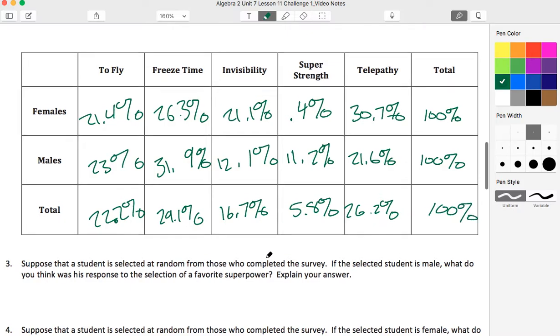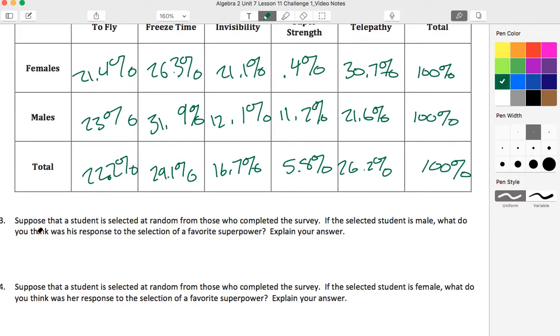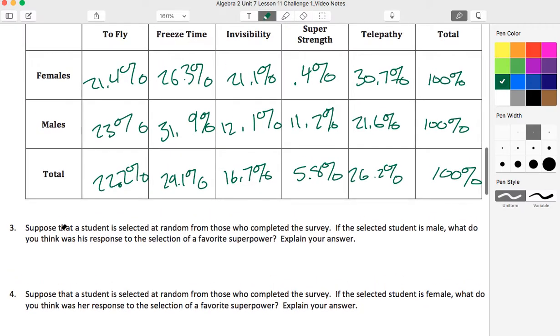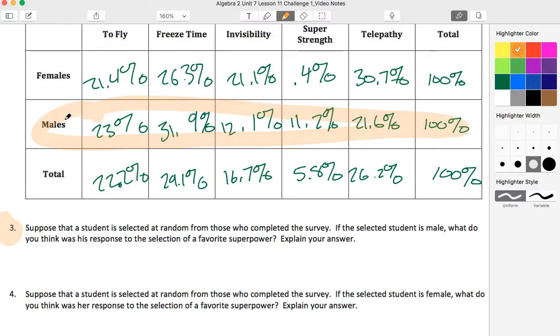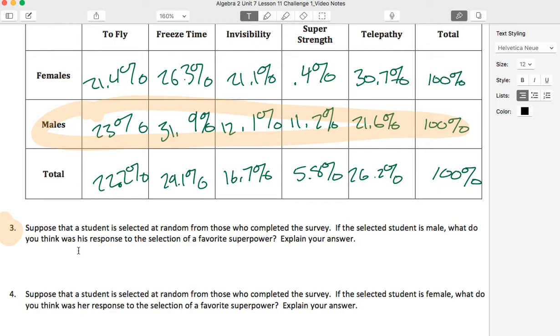Okay. Number 3, suppose that a student is selected at random from those who completed the survey. If the selected student is male, what do you think his response to the selection of favorite superpower would be? So what I'm going to do is look at all the male percentages and see which one is the most commonly chosen.